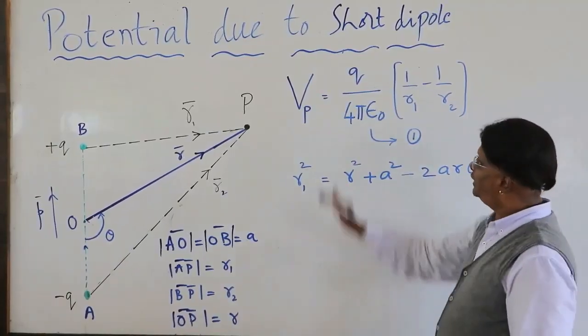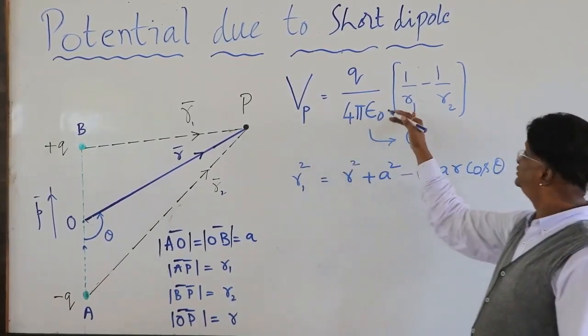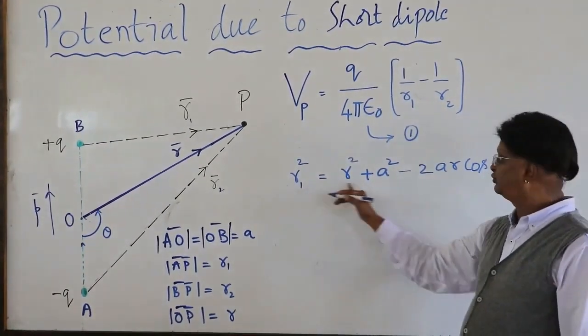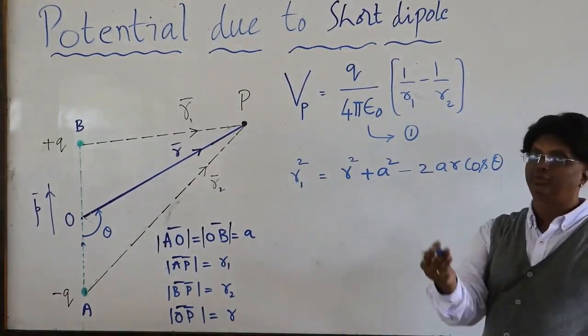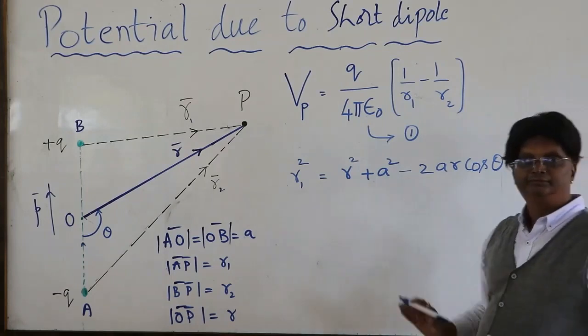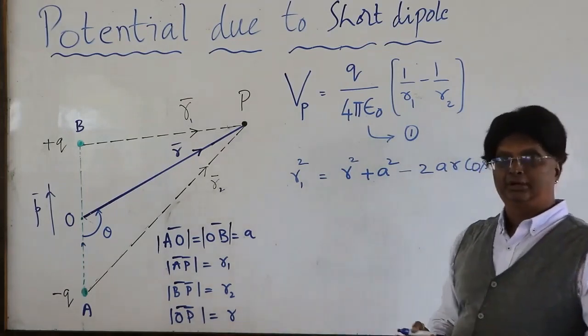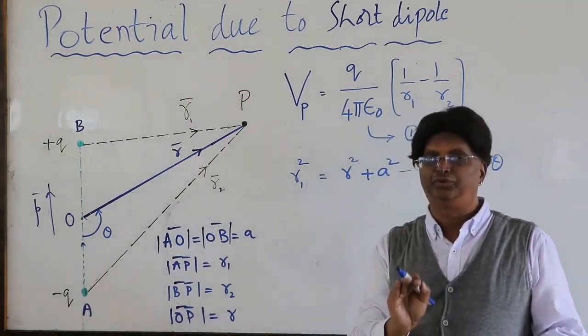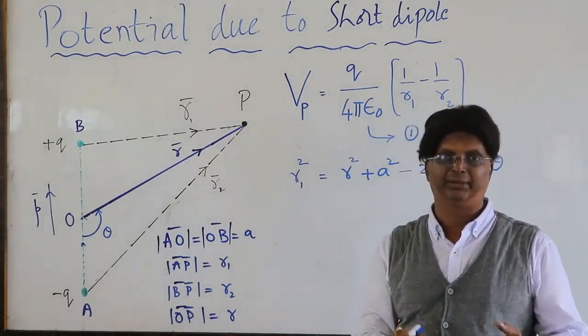See, this equation 1 is the potential at point P in terms of R1 and R2. And we have these relations for R1 square and R2 square. Now let us do a small simplification. Please take it as a very important point that you should use common sense, which you call mathematics, in a derivation.